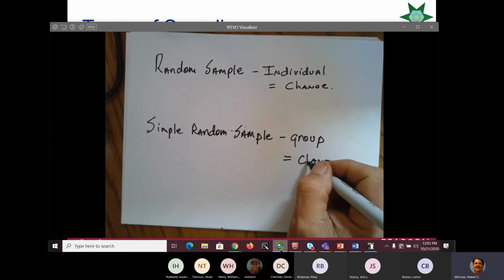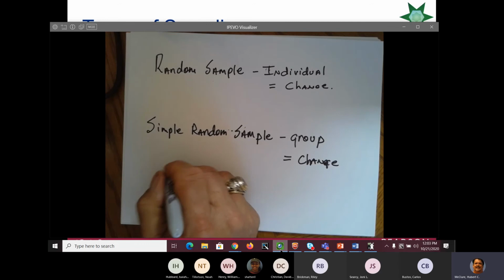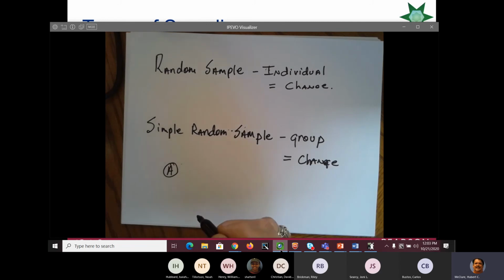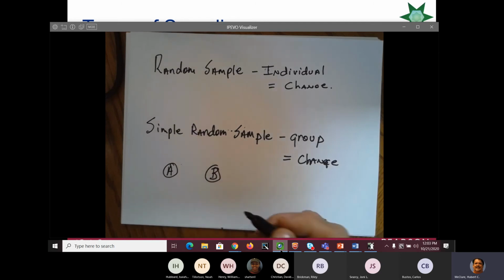Let's say I only have 3 pieces of paper. I divide Brickman, Tillotson, and Searcy into a group, and I call them Group A, and I put their names on that piece of paper. Then Group B, the second piece of paper, I put Bustos, Hubbard, and Hatton.